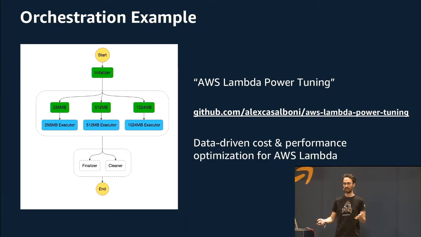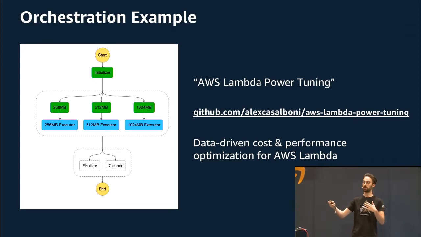It's kind of a wild guess, or try all of them and see who's cheaper, which is faster. So with this state machine, you just provide your function as input, and it will run your functions multiple times with different configurations, enough times to get statistically relevant data, and then it will come back saying, hey, for your function with this input, this is the optimal configuration. So you can be data-driven. You don't have to guess or guesstimate. And you can do all sorts of different orchestrations.